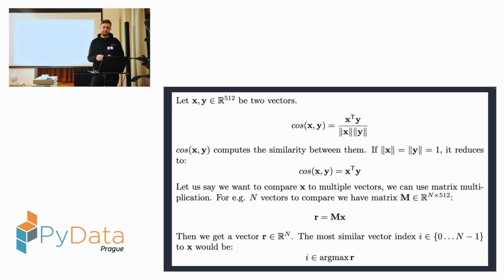Then it simplifies to just the scalar product. And if you want to do the scalar product against, for example, 100 other vectors, you can put them in a matrix, and then it's just a simple matrix multiplication.